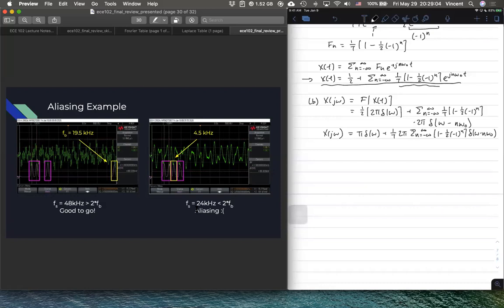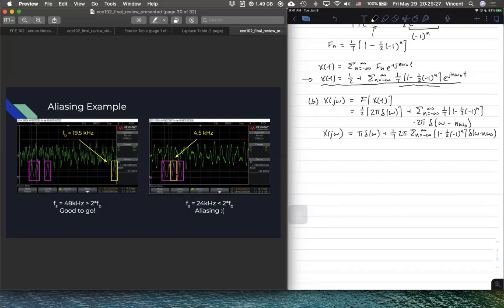But then if you use a lower frequency, like 24, 24 is not greater than 2 times 19.5, right? That means you'll end up losing this 19.5 kilohertz signal. If you look at the Fourier transform here, the 19.5 kilohertz peak got shifted all the way down, right?